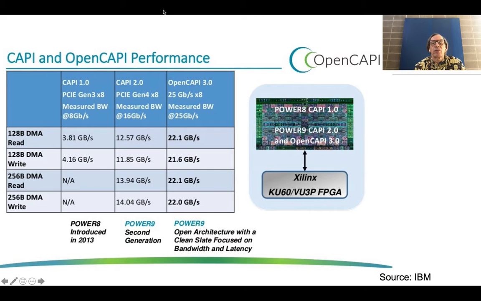OpenCAPI is also quite efficient. Over a 25 gigabyte per second by 8 OpenCAPI link, similar data rates are achieved as over a 32 gigabyte per second by 8 PCI Gen 5.